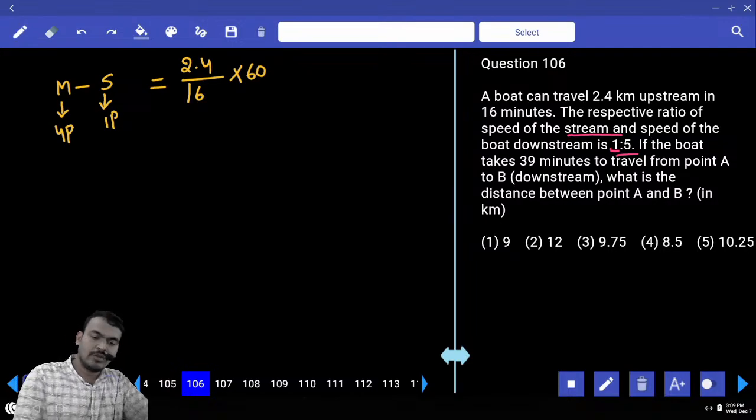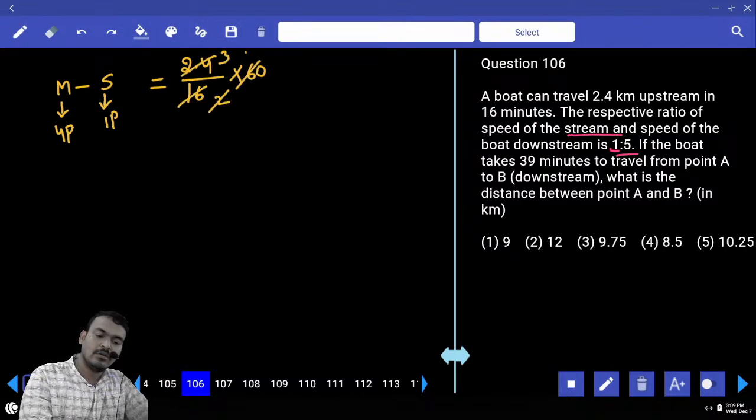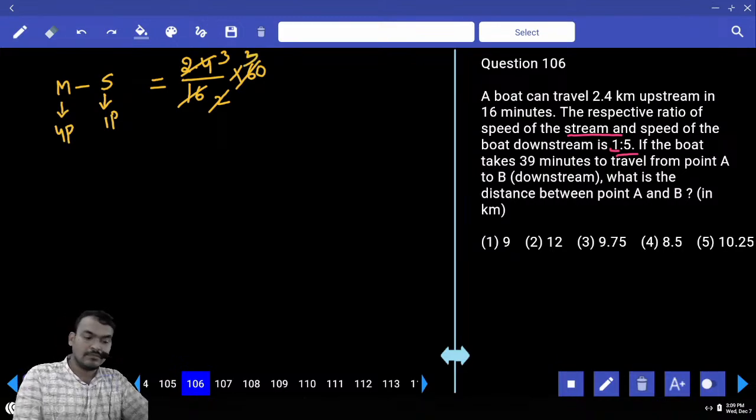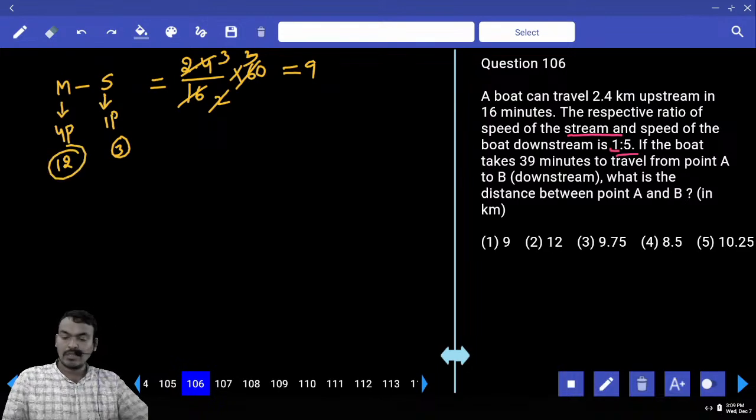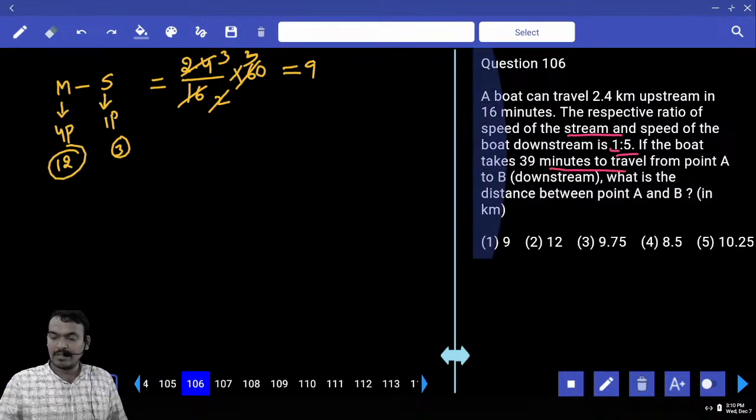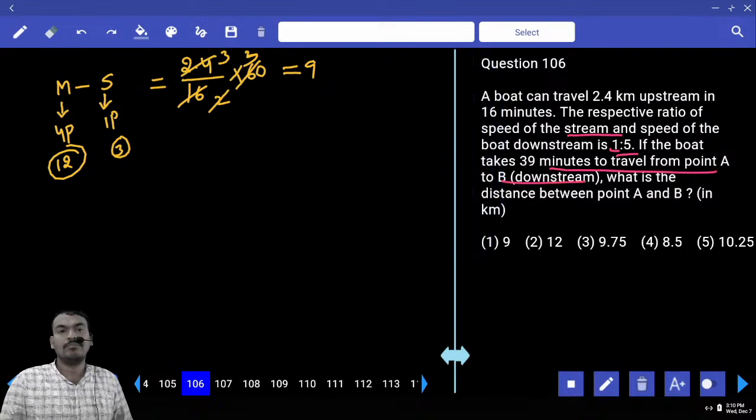This one we write 8 is 3 times 2, so 2 again 3 times. 3 times 3 is how much? 9. 3 parts equal 9. Every 1 part is 3. 4 parts are 12. What is the question here? The distance traveled downstream from A to B. What is the A to B speed, downstream or upstream?